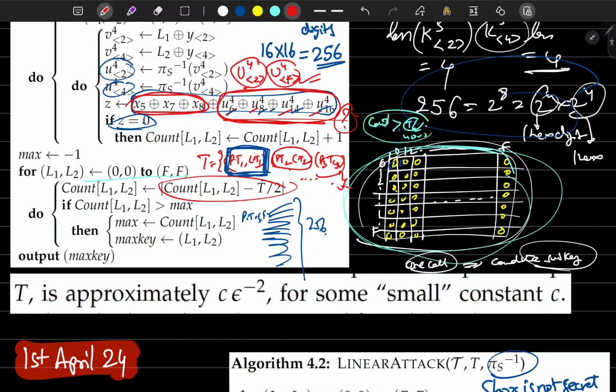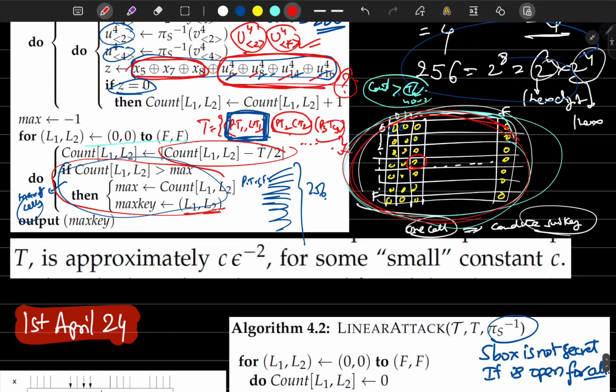After taking this modulus value, we will find the max of all these cells. What this indicates is simply the max of all cells. The one with the maximum value, we take that cell and declare it as the candidate subkey.